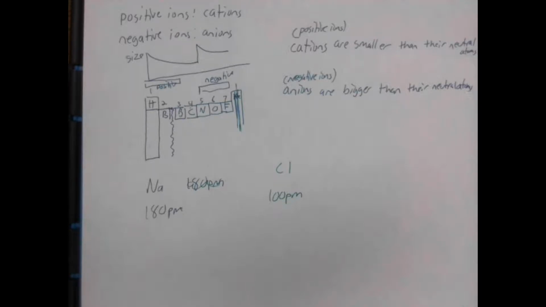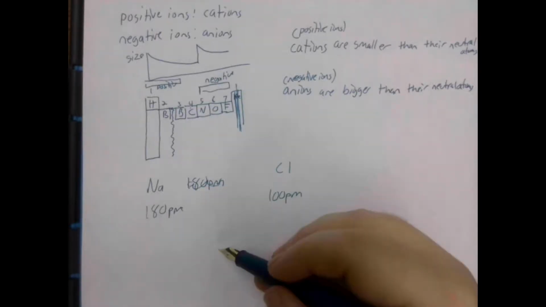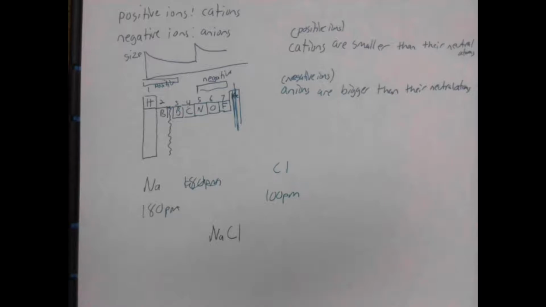Because when they're both atoms by themselves, sodium is bigger than chlorine. But when they bond together and become table salt, sodium is going to get much smaller, while chlorine is going to get bigger. I want to say the chlorine ion is significantly bigger, but I can't find it. So, atomic radius.